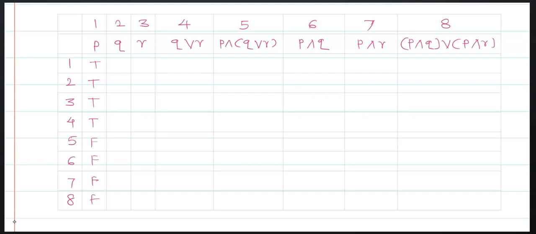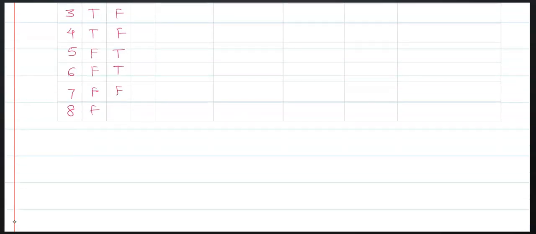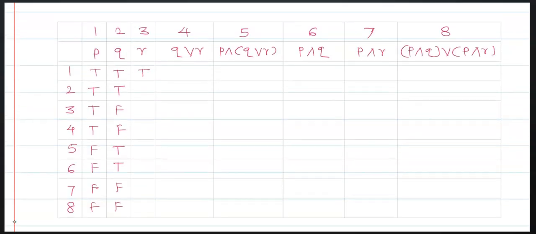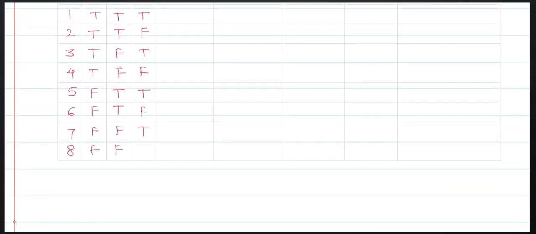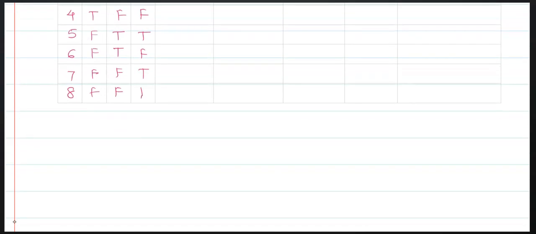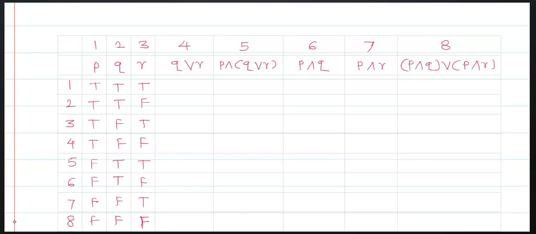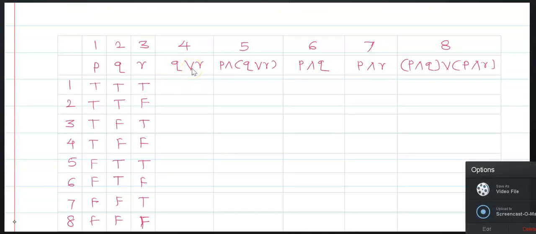Now see this: 4T, 4F for P, double T double F for Q, and TF, TF, TF, TF for R. Now we will find the OR between Q and R. For the OR we require at least one of them to be true, otherwise false.